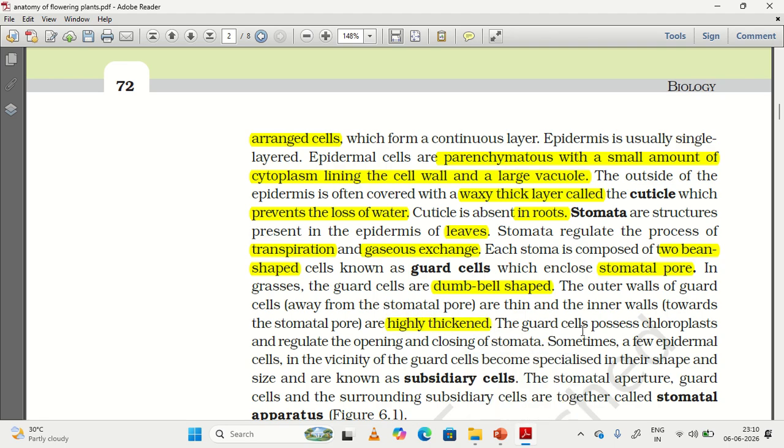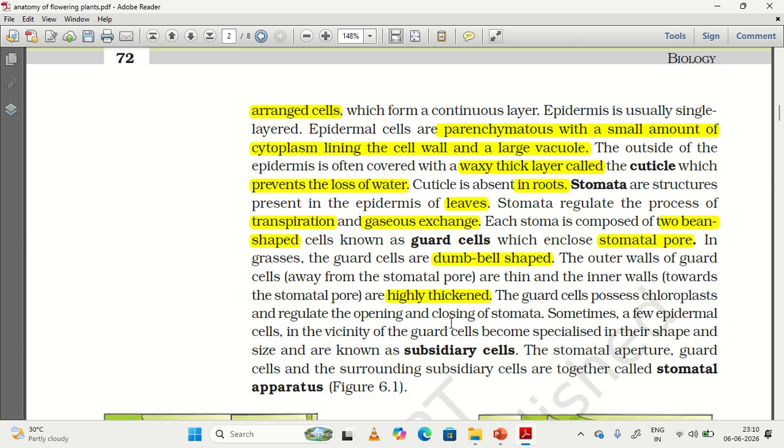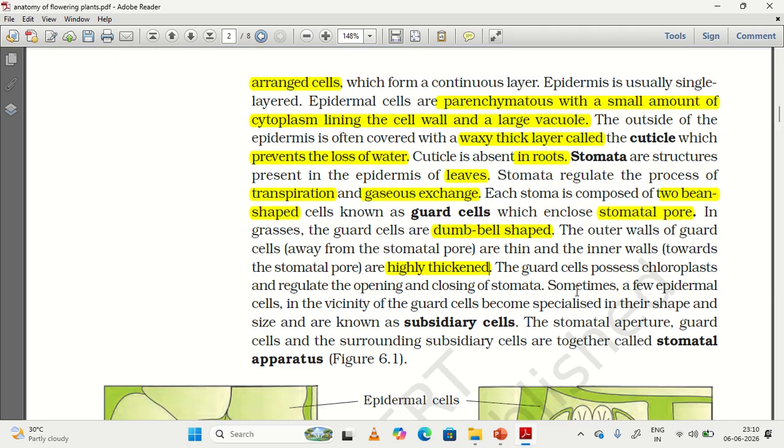The guard cells have chloroplasts and they regulate the opening and closing of stomata. A few epidermal cells near the guard cells become specialized in shape and they are known as subsidiary cells.